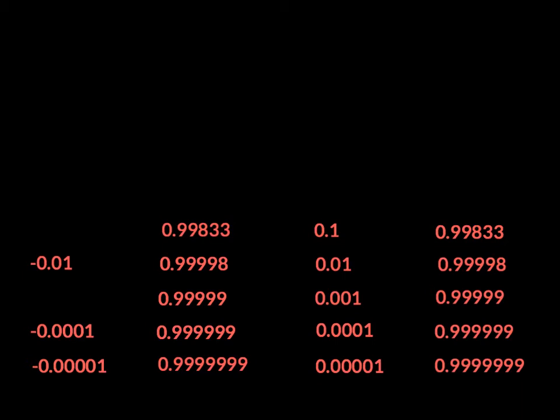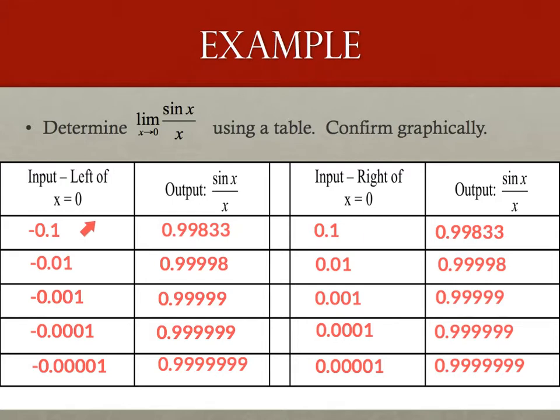All right, so here are the values I came up with when I plugged all the numbers in my calculator. So starting left of 0, I noticed that my output values are getting closer and closer and closer to 1. So I'm going to say that the limit as x approaches 0 from the left of sine of x over x is going to equal 1.